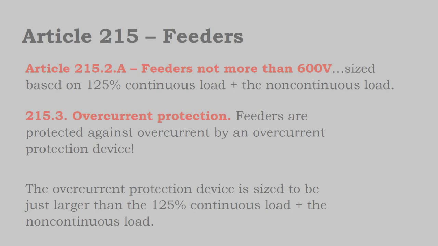And it says we have different rules for feeder panels of 600 volts and lower versus larger commercial systems. When you get into those above 600 volt systems, you may have less requirement in some areas because you also have more requirements in others.